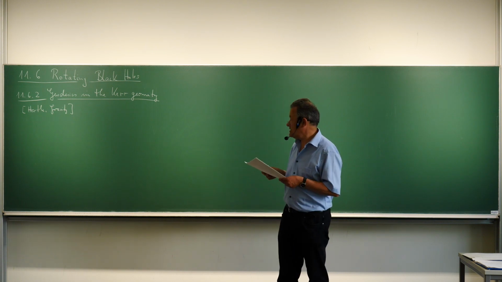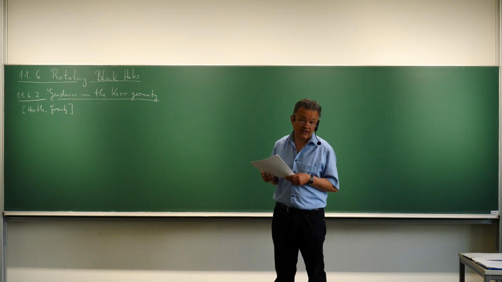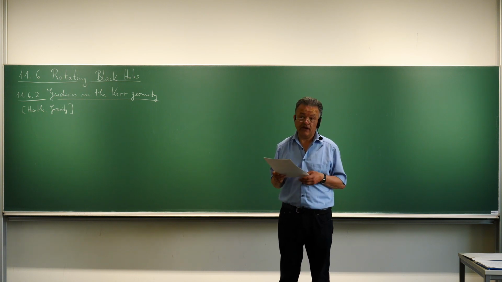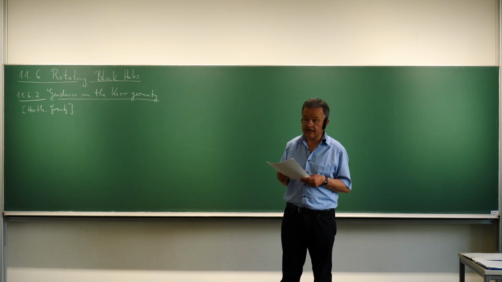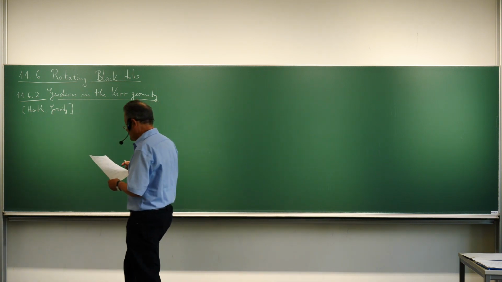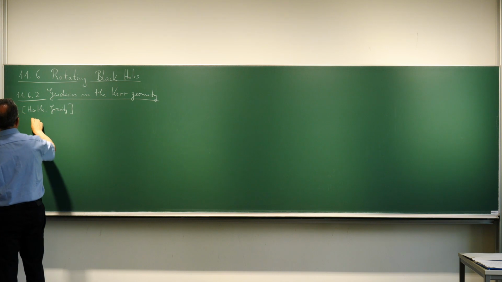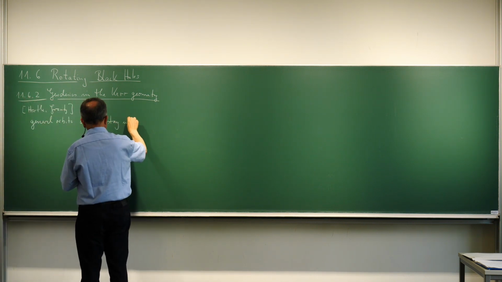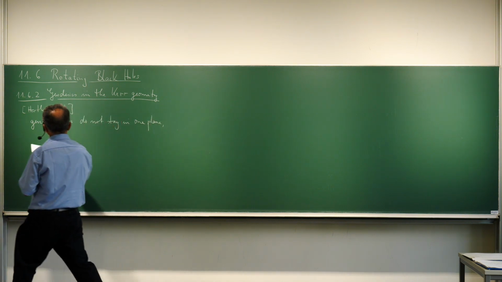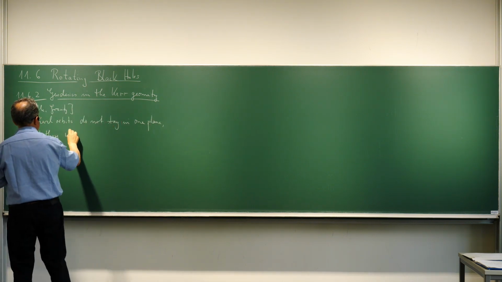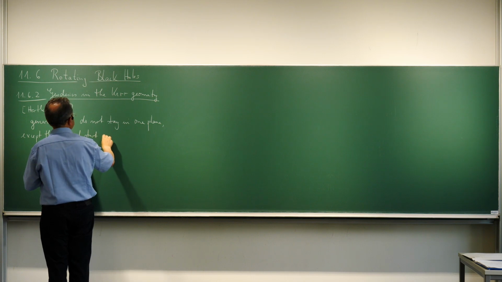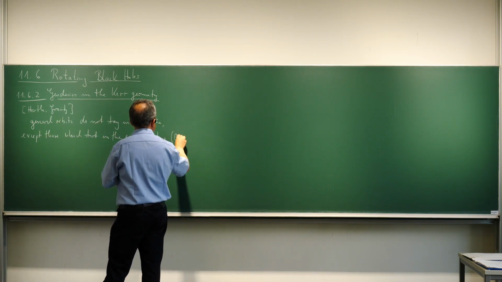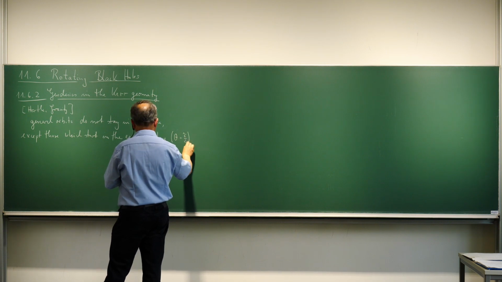For the general case, I have to refer to the specialized literature, in particular Chandrasekhar's book, where you can find all the detailed calculations. So, general orbits do not stay in one plane, except those which start in the equatorial plane at theta is pi over 2.